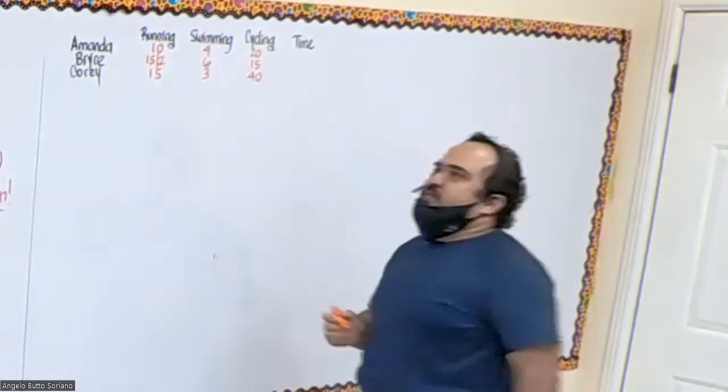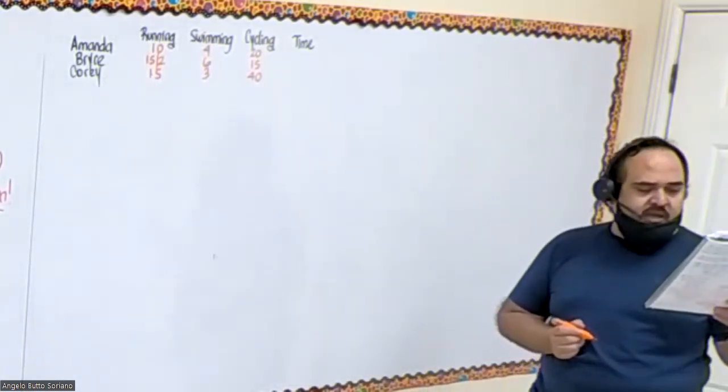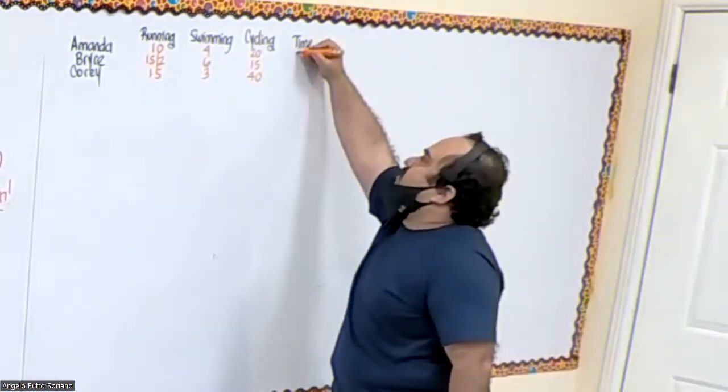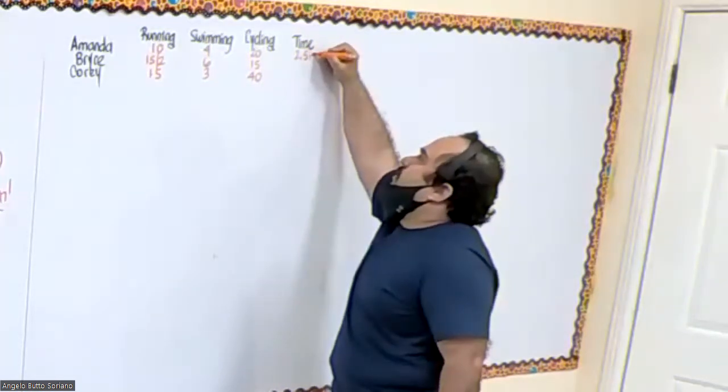In the period time, every one of them, remember, Amanda is supposed to finish in 2 hours 30 minutes. What does that mean? The period time will be 2.5 hours.